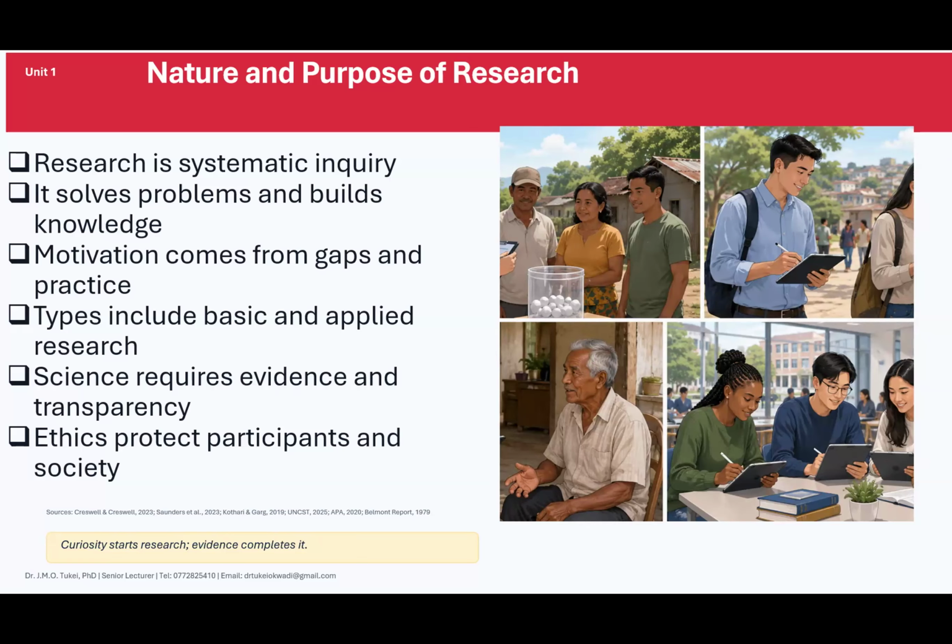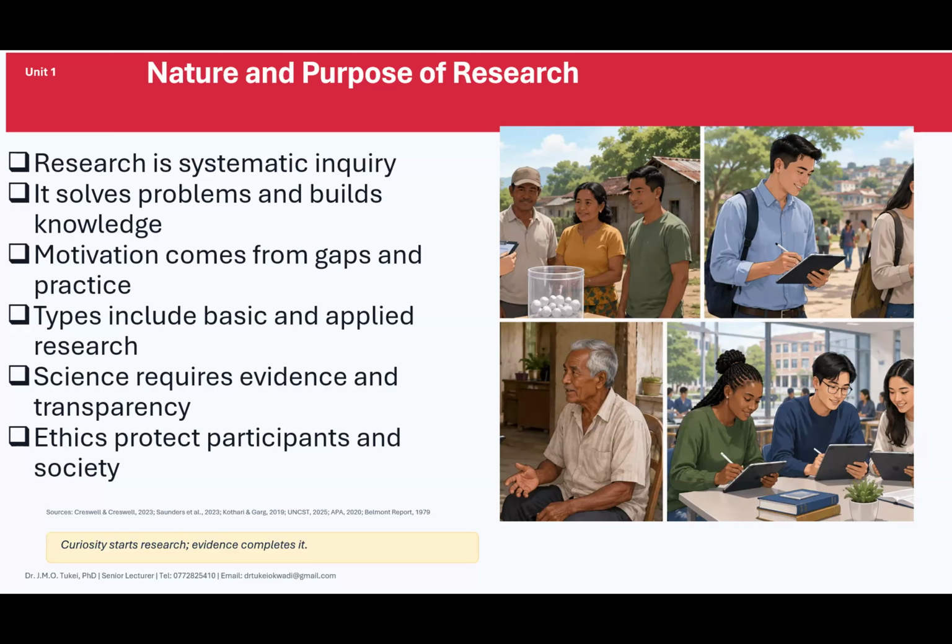So we're talking about the nature and purpose of research, and there are so many things we are looking at. Research differs from ordinary information gathering because it follows a procedure, uses evidence and documents decisions, and allows findings to be examined by others.